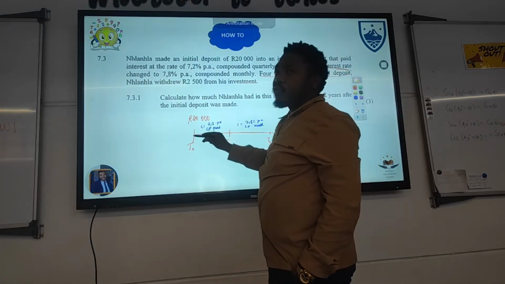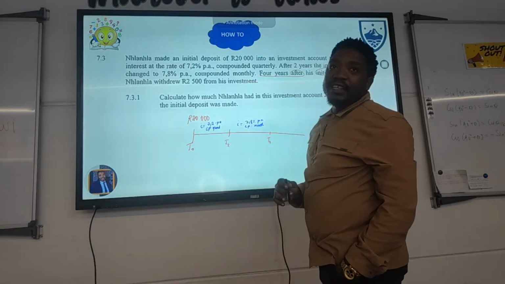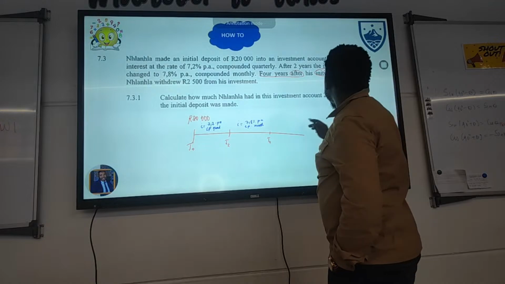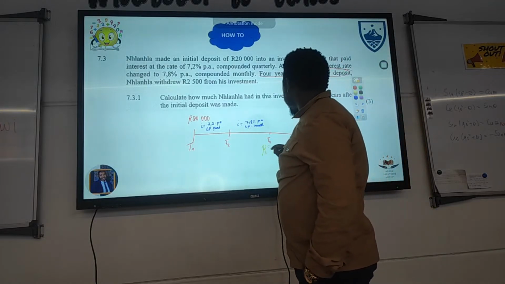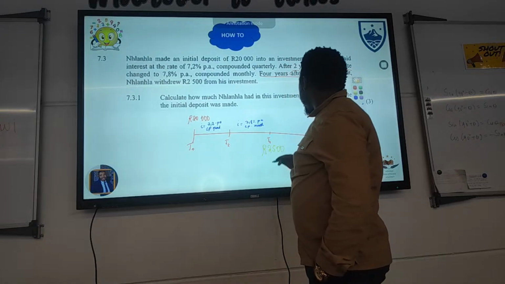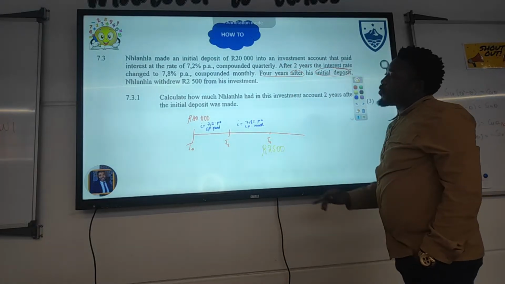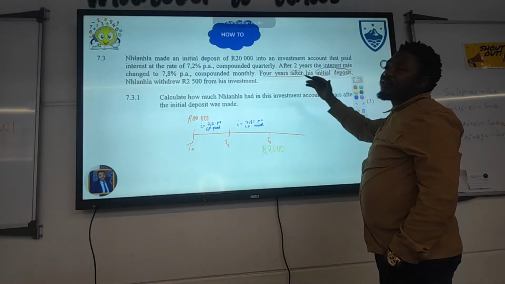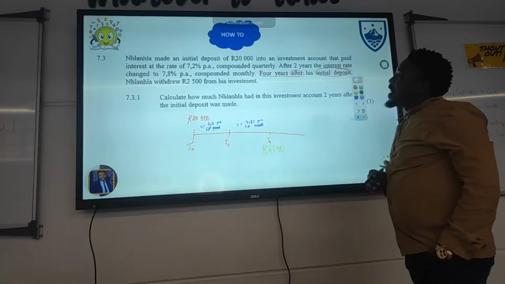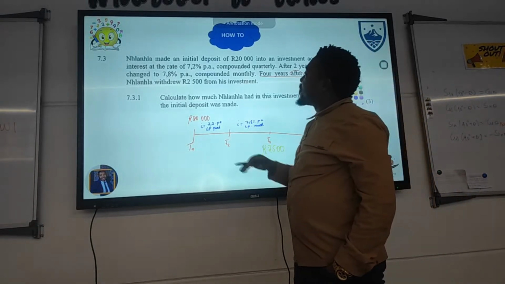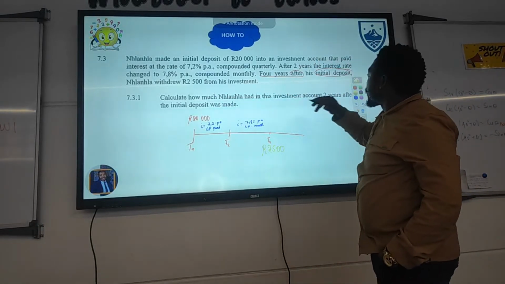So 4 years from here, not 4 years after the interest rate has changed. So 4 years, Ntlanta now takes out an amount of 2,500. Let me put it down. 2,500 has been withdrawn. Whatever is on top has been deposited. Whatever is at the bottom has been removed from his investment.